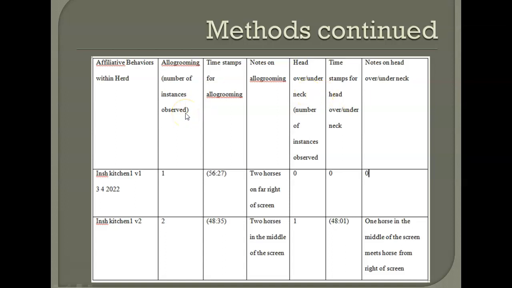So allogrooming, timestamps for allogrooming, notes on allogrooming. This would be that physical contact between the animals, and we're counting the number of observances, and then doing a timestamp, saying when in that video we notice this behavior, and a brief description of which horses are exhibiting this behavior.